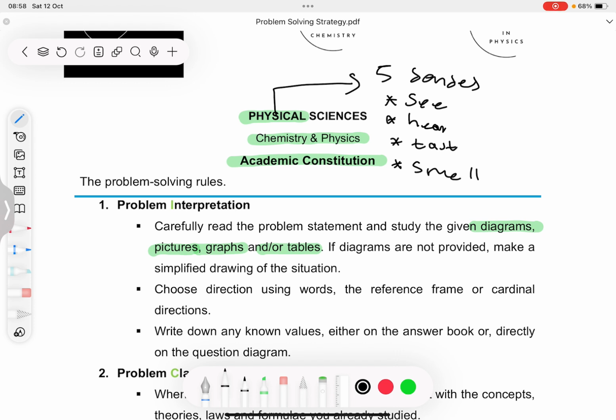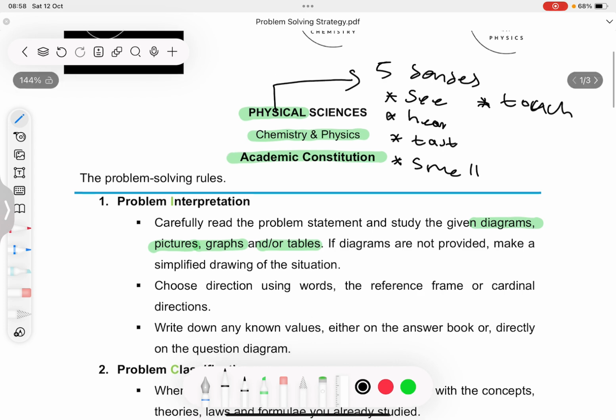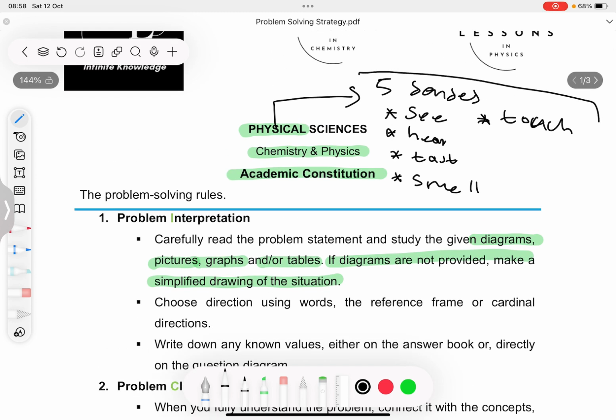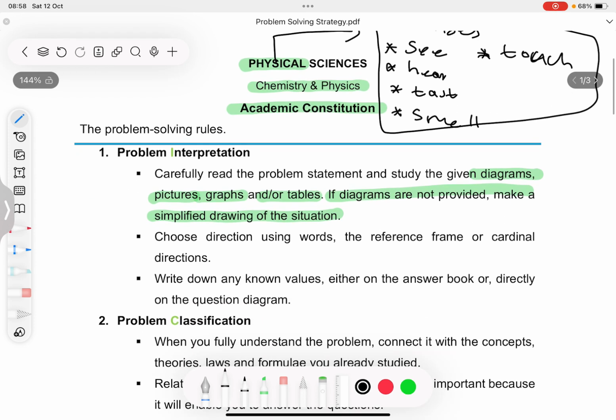And the last one is that we can touch it. So it's very important for you to study these diagrams or draw diagrams that assist you to physically understand the problem, because physical sciences is about our 5 senses. We deal with physical quantities that we can see, hear, taste, smell, and touch.